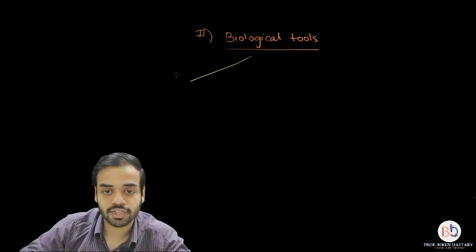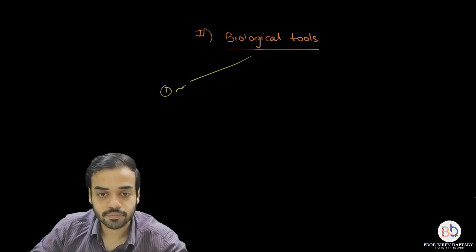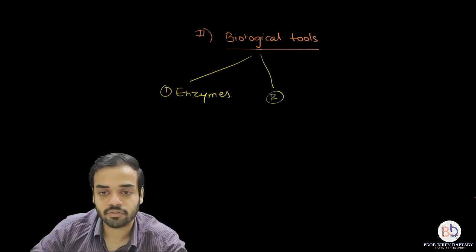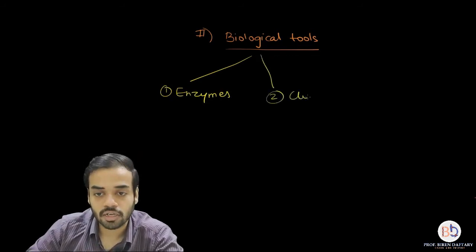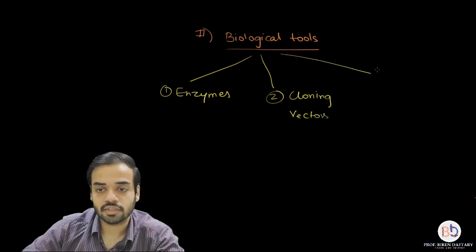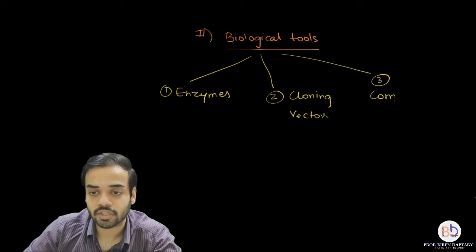First we are going to study about enzymes. Then the second thing under biological tools that we are going to study about are called as cloning vectors, and the third thing that we are going to study about are called as competent hosts.